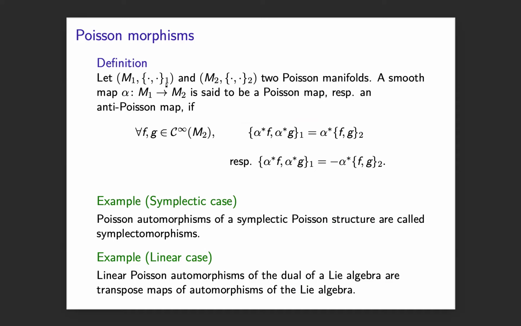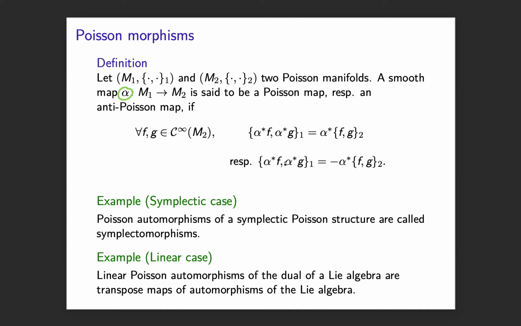Okay. We also need some definition of morphisms for Poisson manifolds, but this definition is very natural. The notion of Poisson morphism is exactly the same as the one of Lie algebra. So a map alpha is a Poisson map if it commutes with the Poisson bracket.